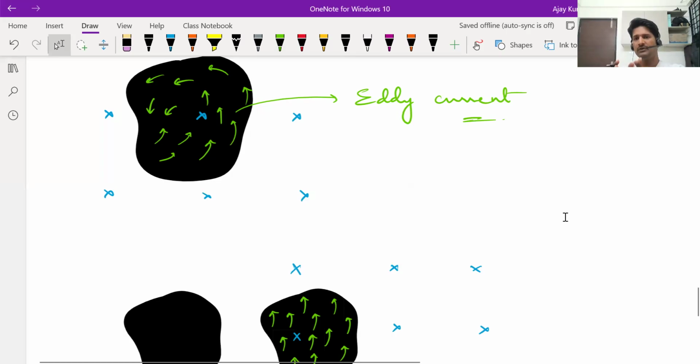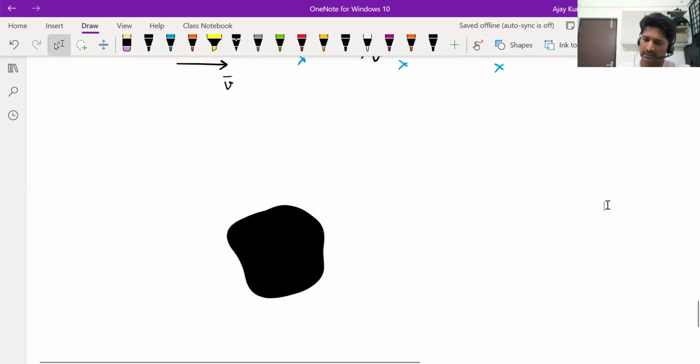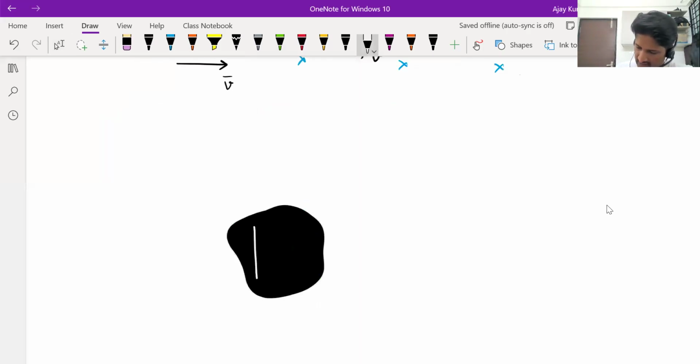And in that itself, you can find a way to reduce eddy currents. You have to prevent the ability to generate these random currents. So if you want to reduce eddy currents, the actual method they use is to make grooves inside the conductor.